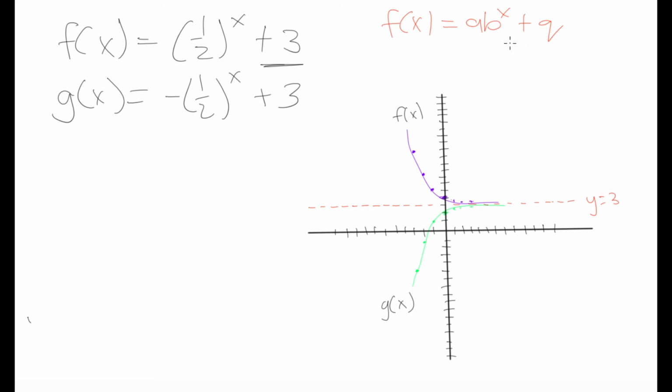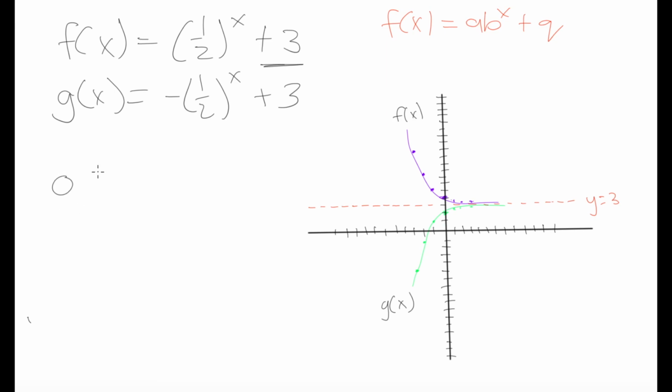Well, when we have a b value that is between 0 and 1, that means that we have a b value that's a fraction. If b is a fraction and we're raising a fraction to the power of x, the way that our graph is going to curve, whether it curves upwards or downwards, is going to depend on our sign of a. So let's quickly make a note of that.